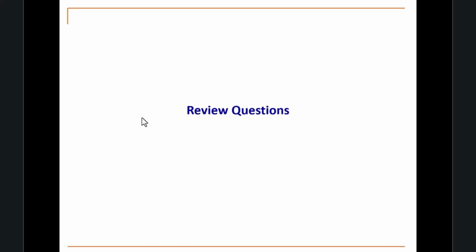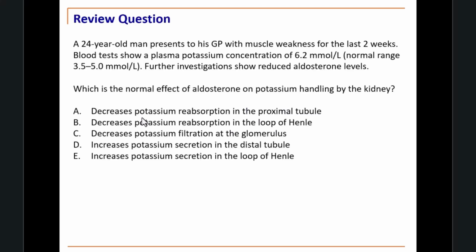So, last few slides, we're just going to test you on your knowledge. What do you know? What can you remember? So press pause, have a read, and then we shall go through it. Okay, a 24-year-old man goes to his GP with muscle weakness for the last couple of weeks.